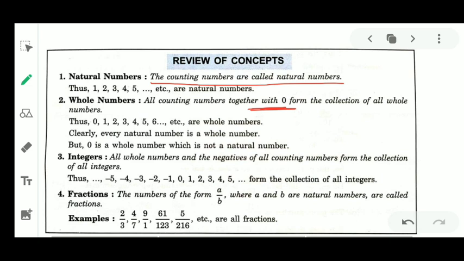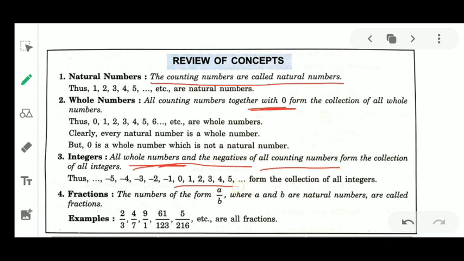Then integers. All whole numbers and negatives of all counting numbers form the collection of all integers. Now integers: all whole numbers, that means 0, 1, 2, 3, 4, 5.